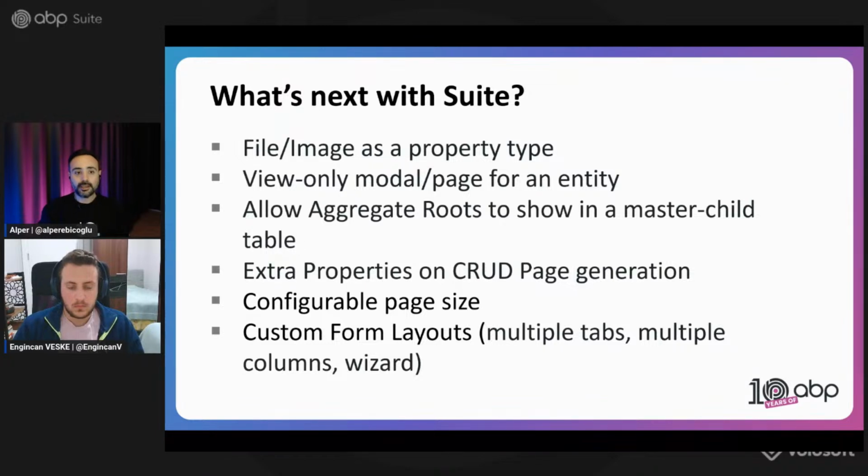So these are our features in the roadmap, and they will come in new versions. The first feature is a file or image property type. Now we are allowing primitive types like integer, string, long, and byte as property types.